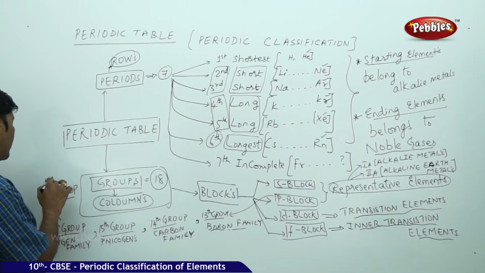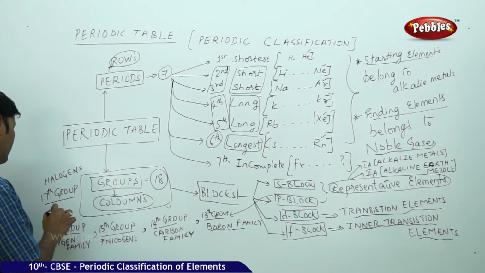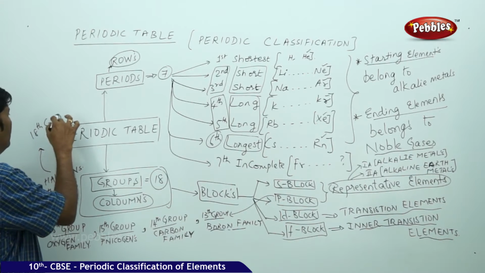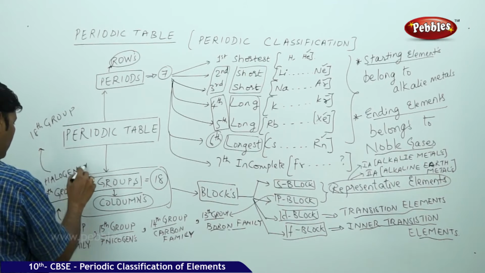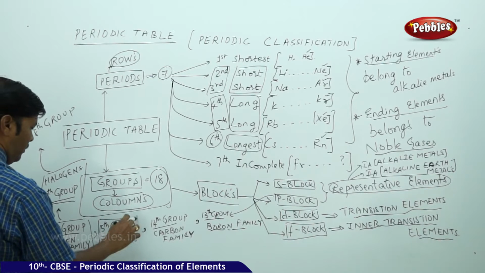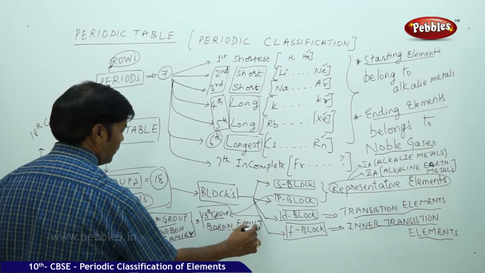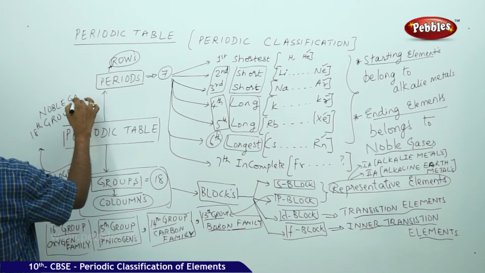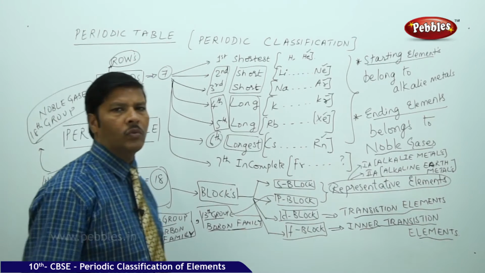The 17th is the halogens. The 18th group is the noble gases, and so on and so forth.